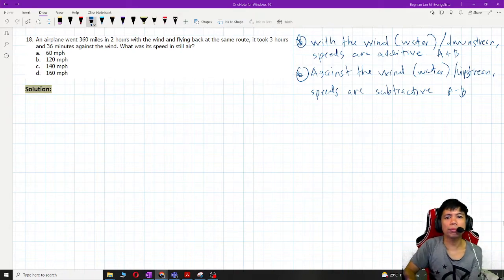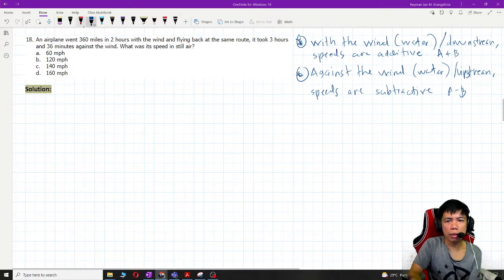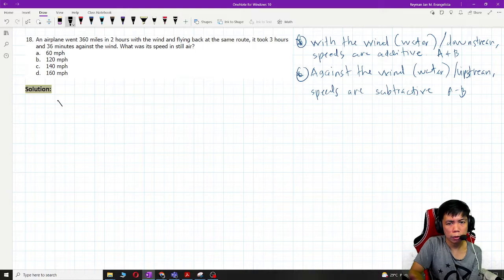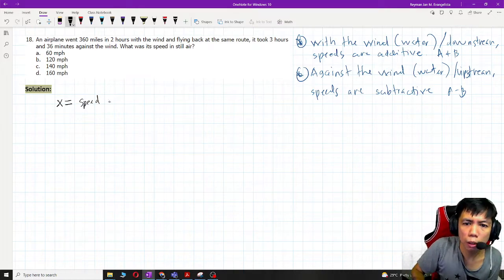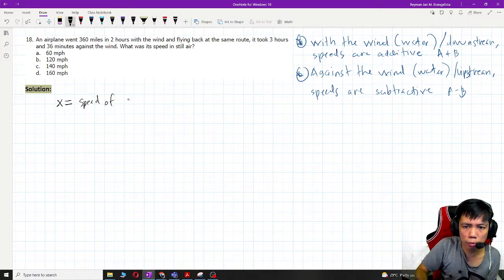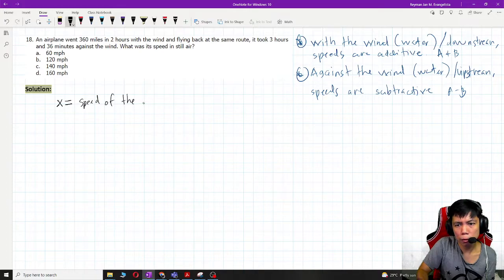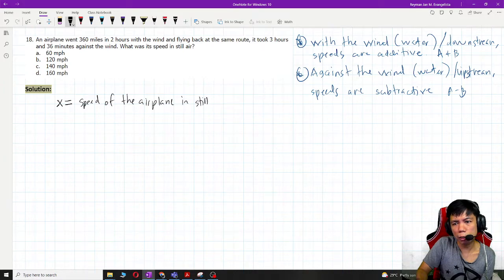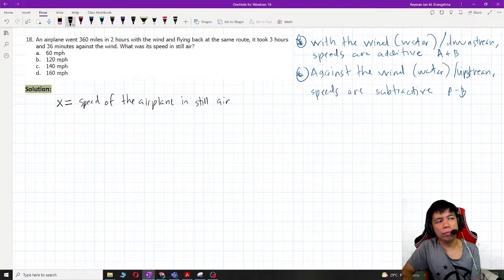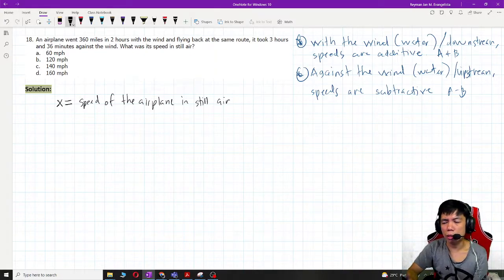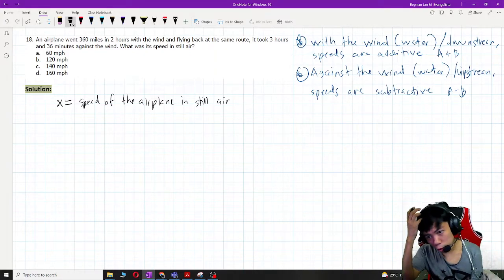Okay, so let's say x is the speed of the airplane in still air. Ibig sabihin, pag di siya affected by the air.